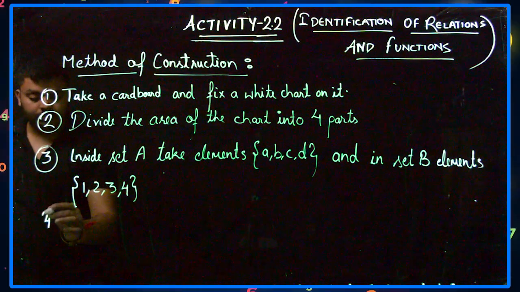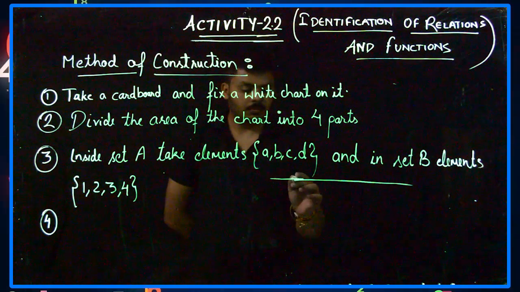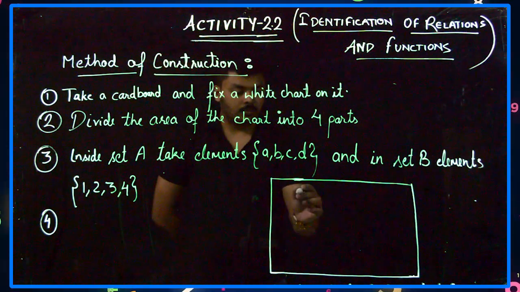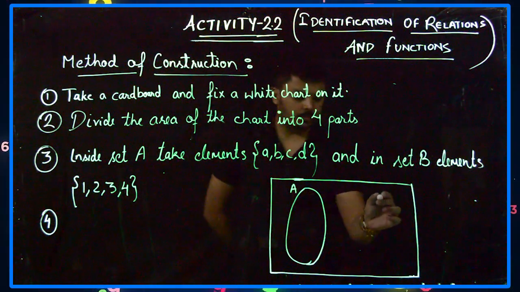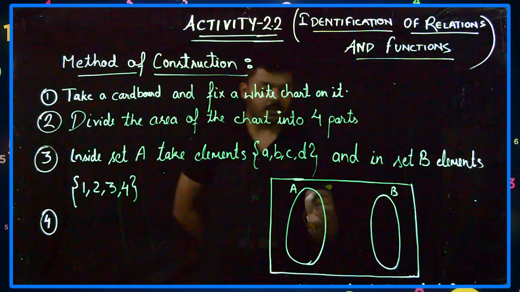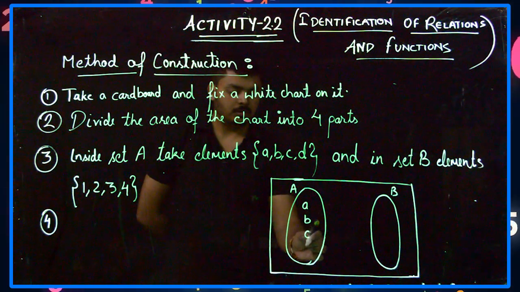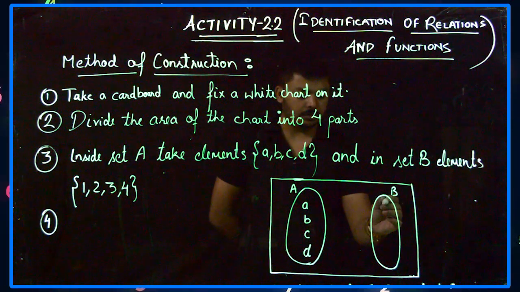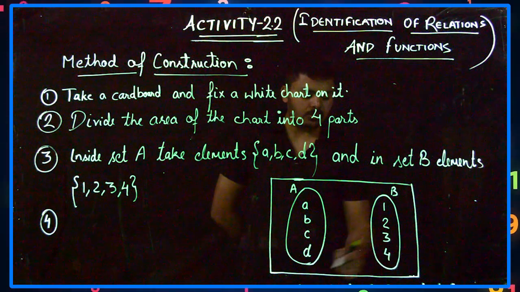In step 4, so let's consider the two sets, set A and set B. Set A elements are A, B, C, D and set B elements are 1, 2, 3, 4.